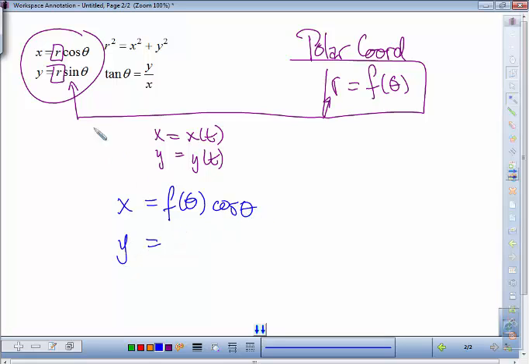And y is equal to r, and we'll replace that with f of theta times sine theta. Then, aside from the t and theta, well, that's just a dummy variable. Let's just call that t. Now we have parametric equations, right? That looked pretty easy. We have parametric equations.